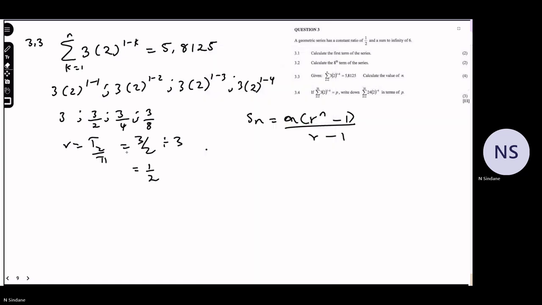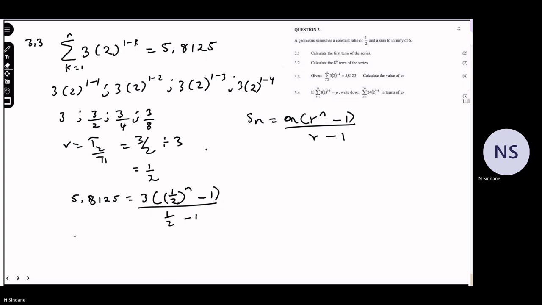And then from there we substitute. So we have 5.8125 equals a, which is 3, into (1 over 2 to the power n minus 1), divided by 1 over 2 minus 1.